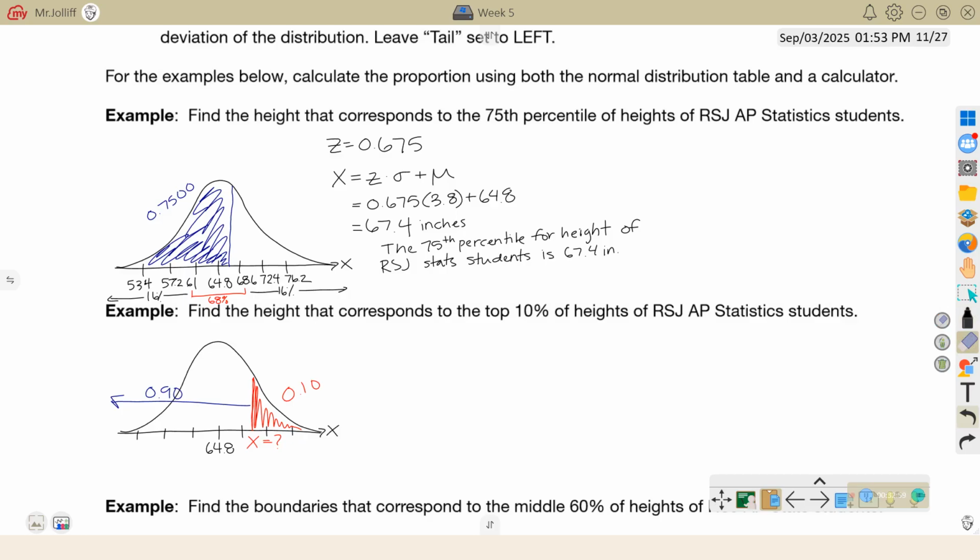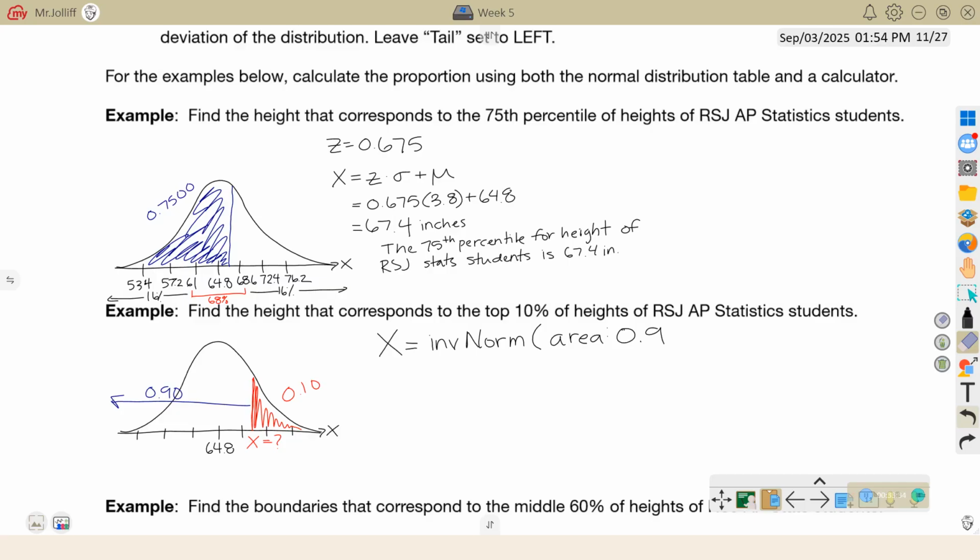So to find our x value with a calculator, we're going to use the inverse norm calculation. We're going to write out what it asks us for. So it asks us for an area. What area should I be using? 90, very good. And your area needs to be in decimal form. If you put a whole number in there, it is going to throw a tantrum because there is not more than 1 under that curve.